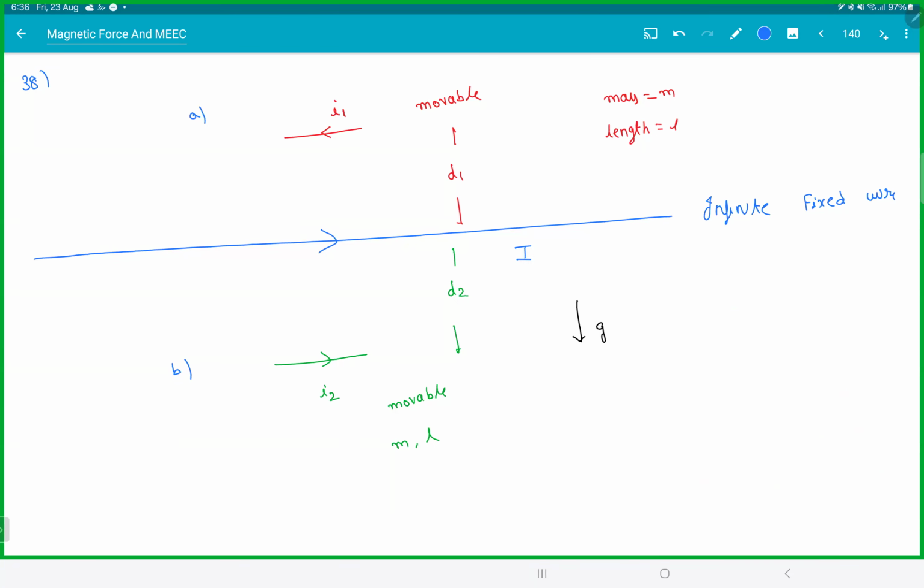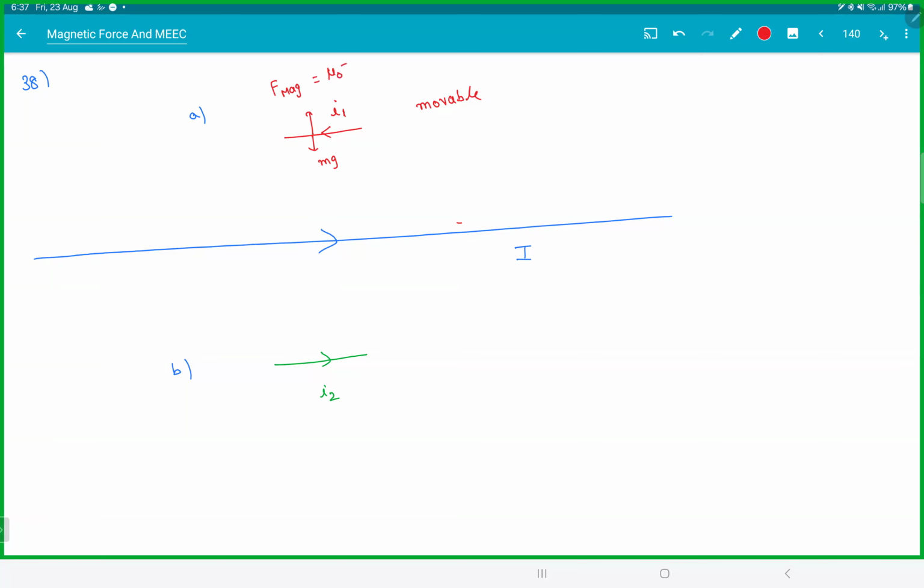This is how you check. Now, if you look at the forces acting on this, so this is mg, and the magnetic force between them is repulsion. So this is F magnetic, which is simply mu naught I1 I2 by 2 pi x, where x is the distance between them.